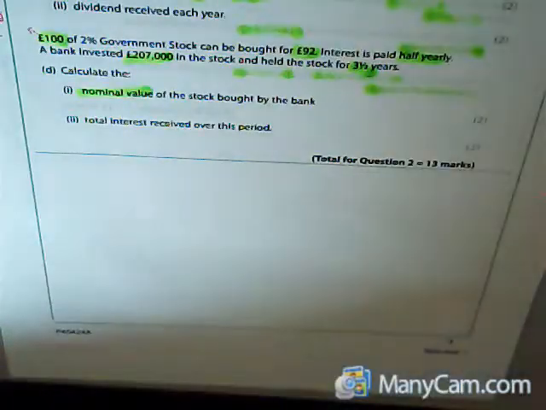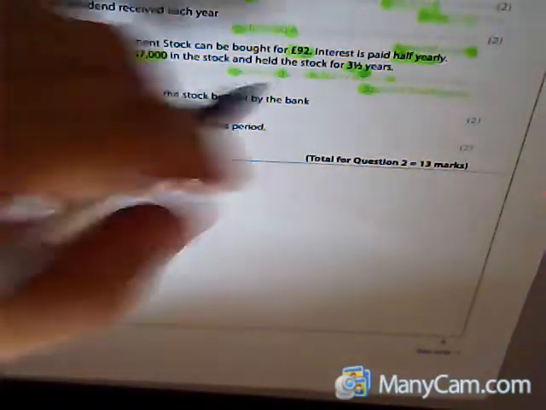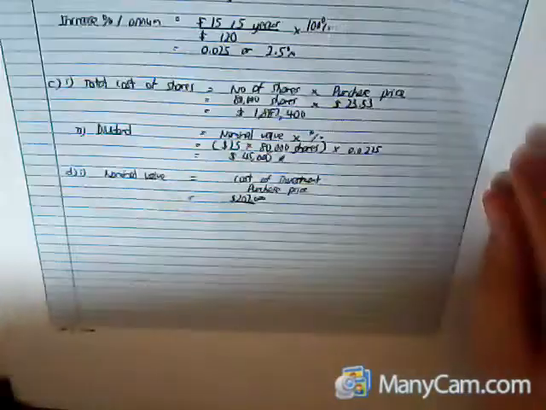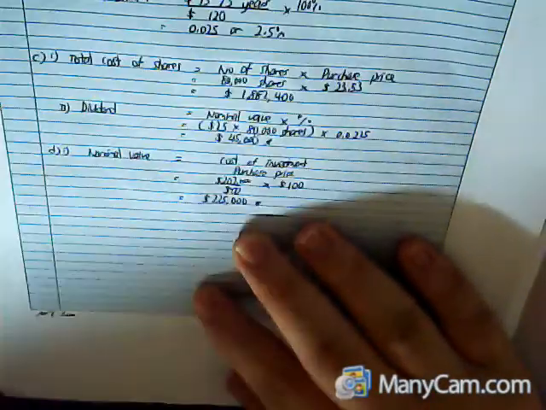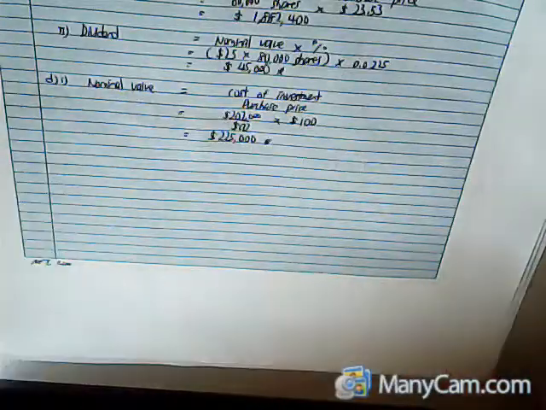So how much do we pay for the total investment? 207,000, right class? Now what do we pay for one stock? Is it 92 in the question? Yes. So we divide by 92. And don't forget we should multiply with the 100 ringgit for the par value per stock. Do we get 225,000? The answer is 225,000.